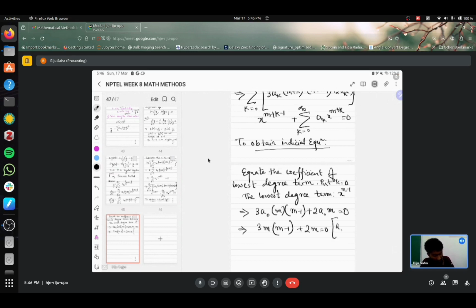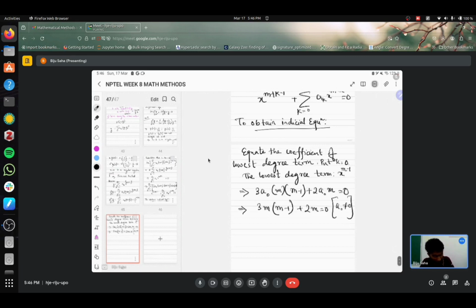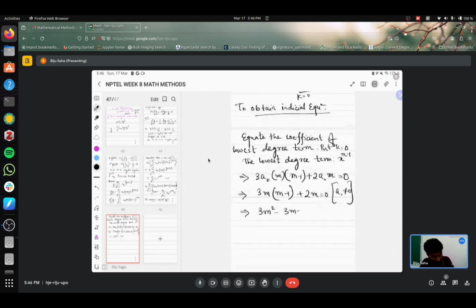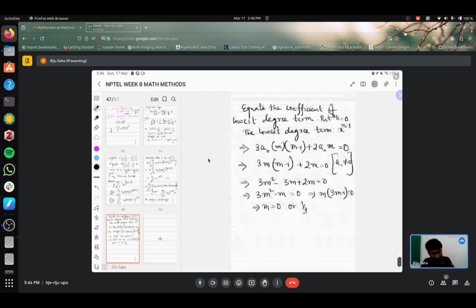Because a0 is not equal to 0, you come to this form. From here you can see m equal to 0 and m equal to 1 by 3 are the roots. This particular equation is known as the initial equation. So you solve the initial equation and get the value of m.